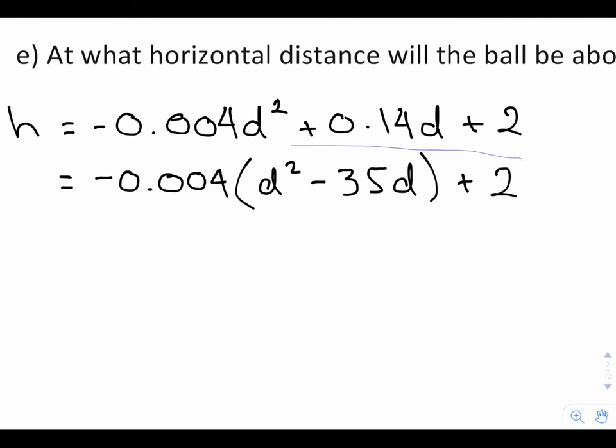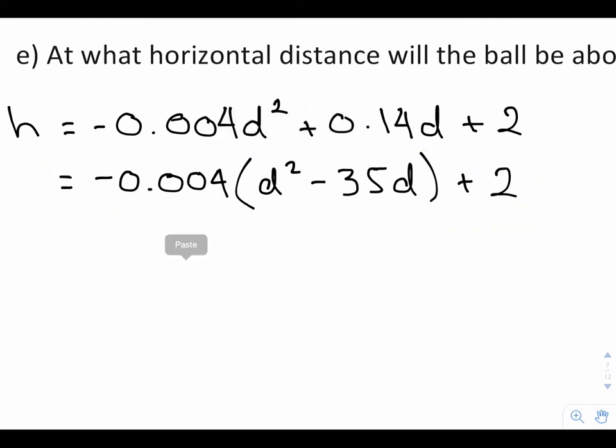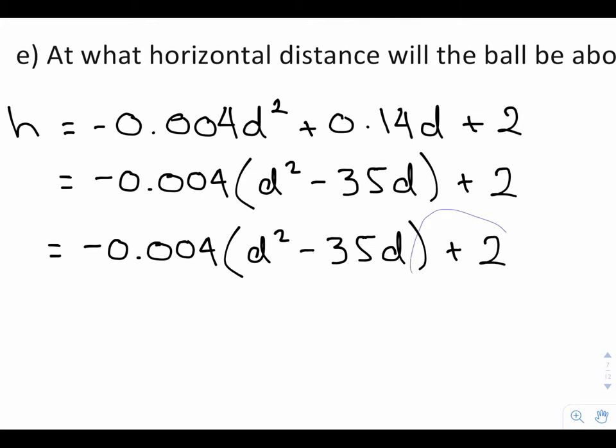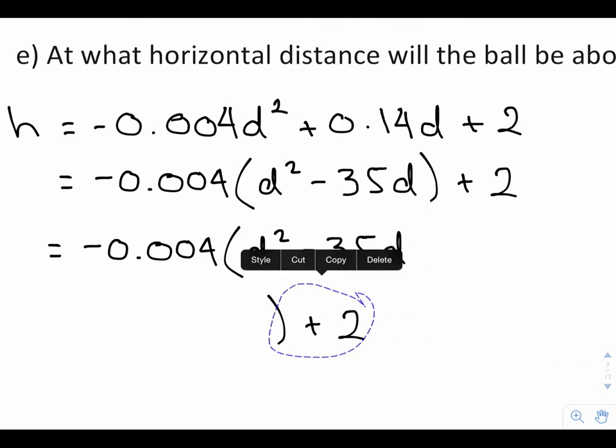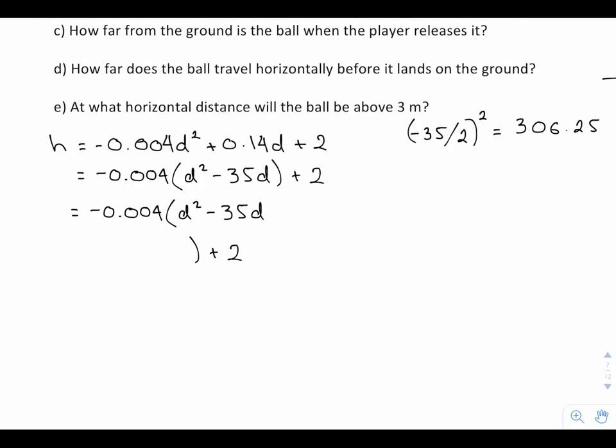So at this step, I'm ready to add and subtract that number I found above, so I'm just going to copy this entire line, paste it right below here, and inside here, I'm going to be adding and subtracting 306.25.